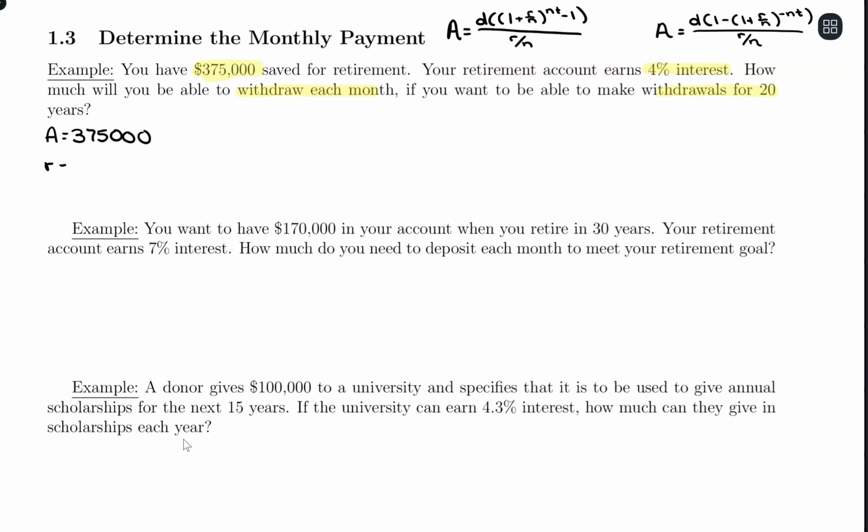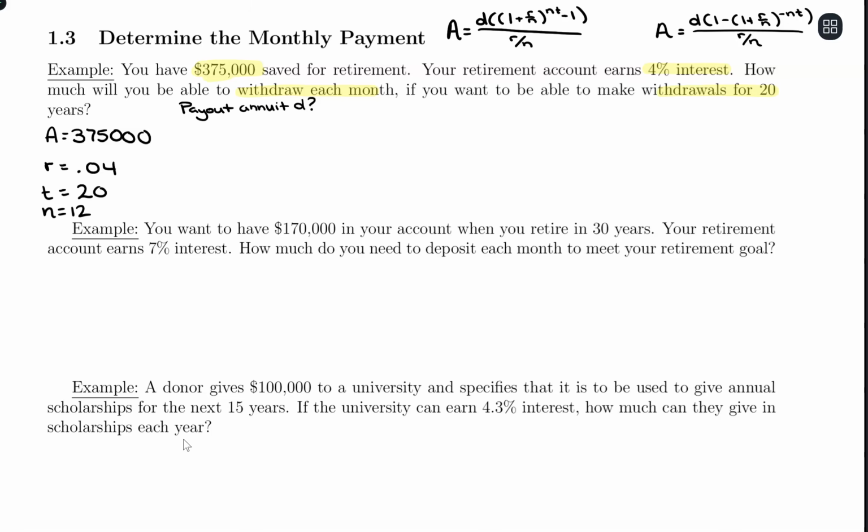We have R equals 0.04. And then we want to find what D is, the withdrawal amount. And then we have T equals 20 for 20 years. Oh, and our withdrawals are going to be monthly, so N is equal to 12. Now, because we're withdrawing from an account, this means we're going to use the formula for a payout annuity.